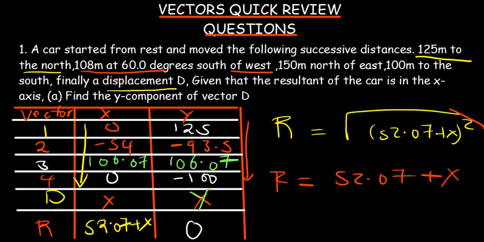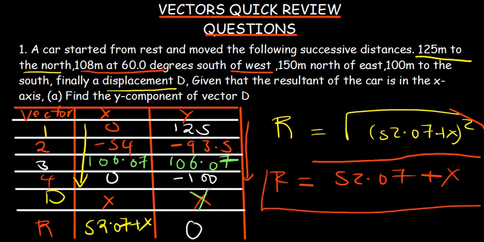So that becomes the determining value of your resultant. It should just be along the x-axis. So you'd want to avoid cases where it is equal to 0. So you don't want your x value to be equal to negative 52.07.